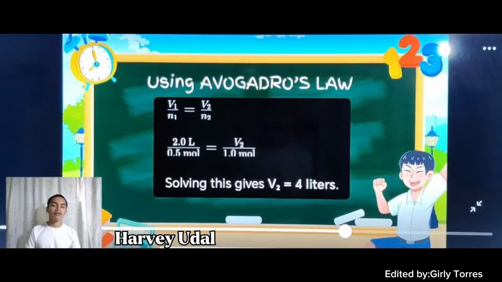So, using Avogadro's law, V sub 1, the initial volume, over n sub 1, the initial number of moles, equals V sub 2, the final volume, over n sub 2, the final number of moles. So, 2.0 liters over 0.5 mole equals V sub 2 over 1.0 mole. So here, we are trying to solve for V sub 2.